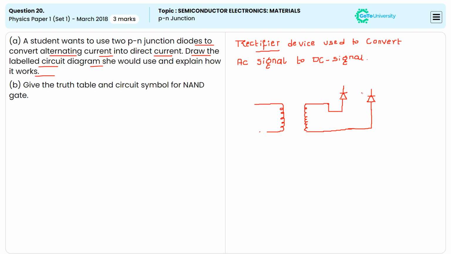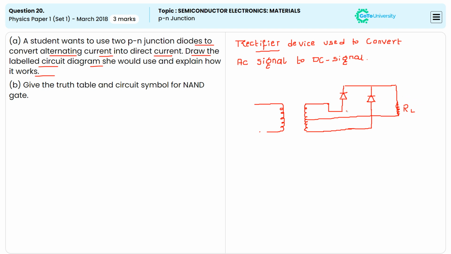And these two will be connected through to a load resistance, that is RL here.